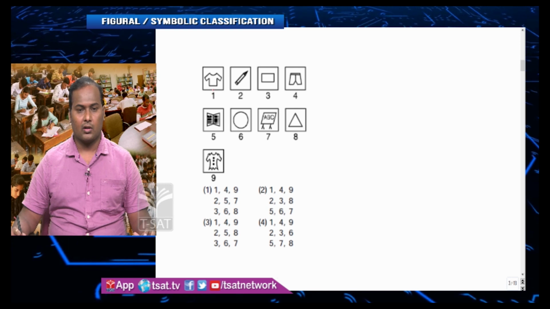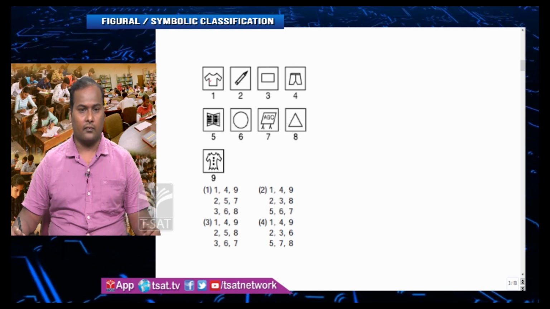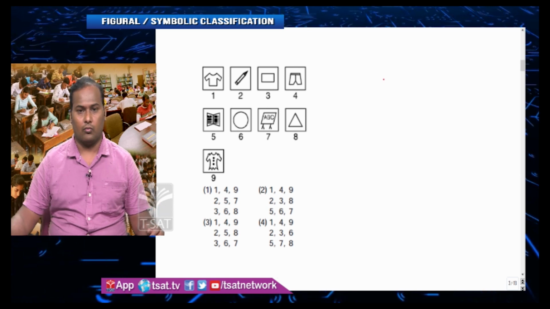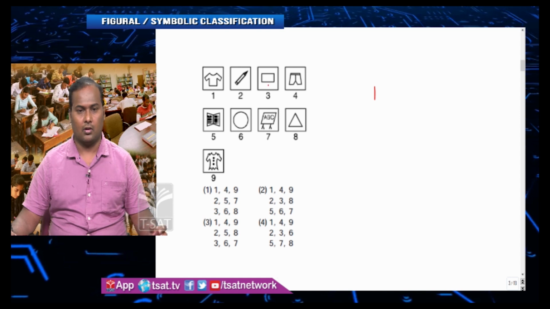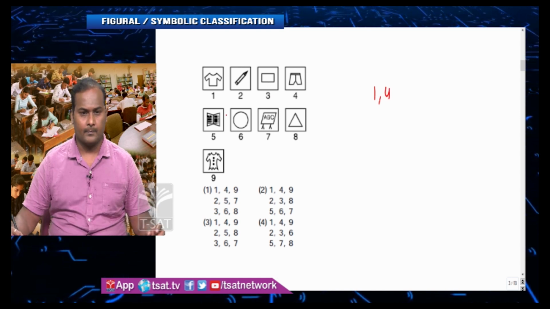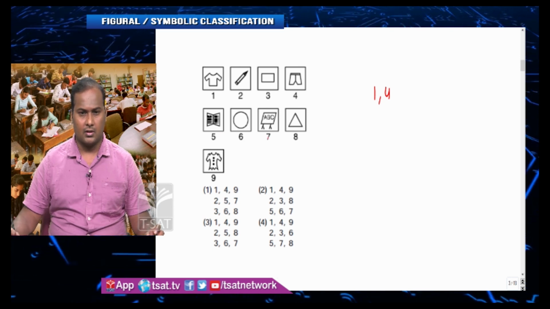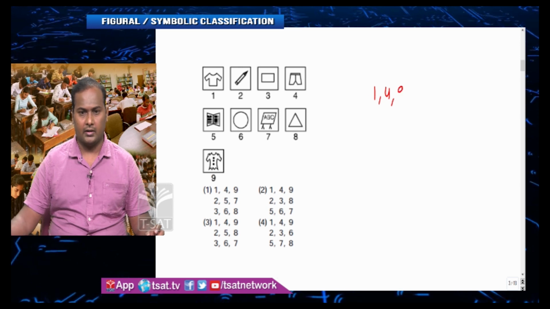Now check where in the other figures you can find this garment character. 2 is a pen, not possible. 3 is a square or rectangle, not possible. 4 is a garment. Again 5, 6, 7, 8 and 9: 9 is again a garment.